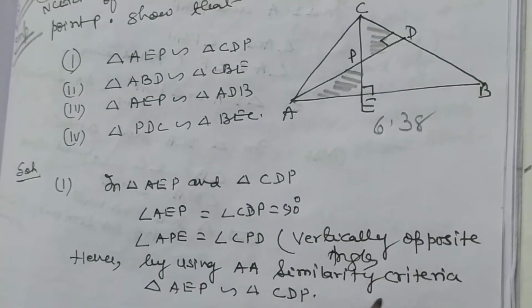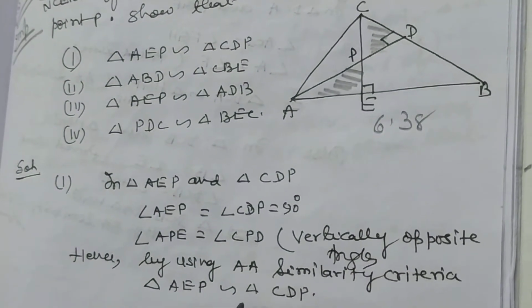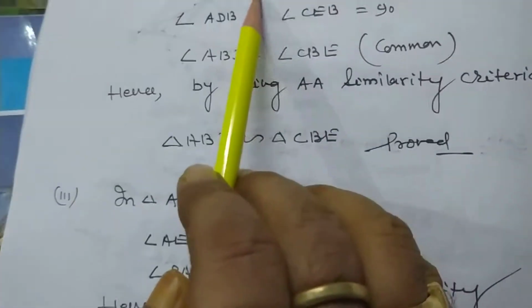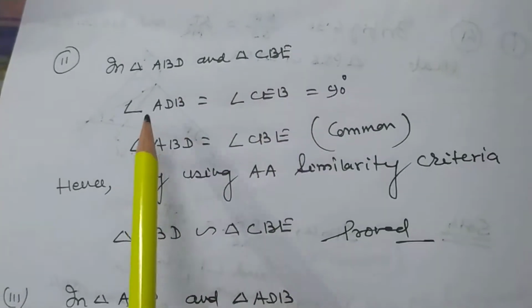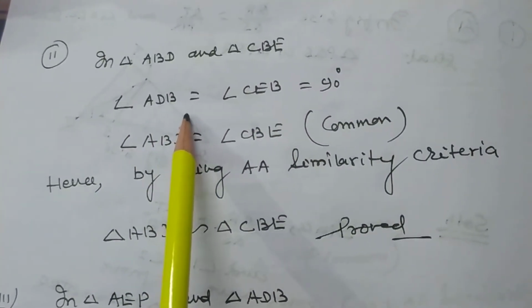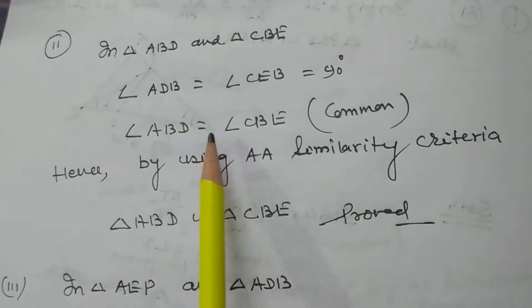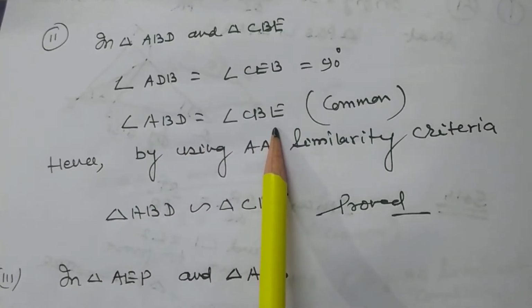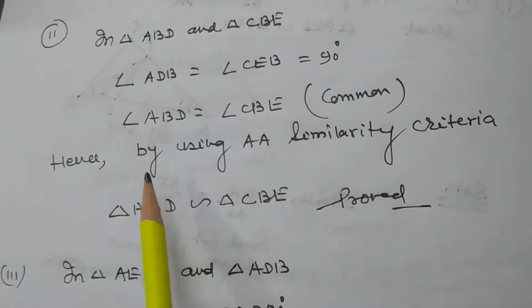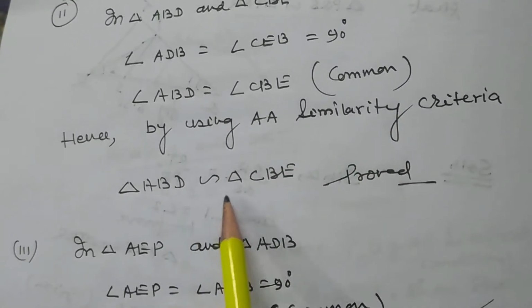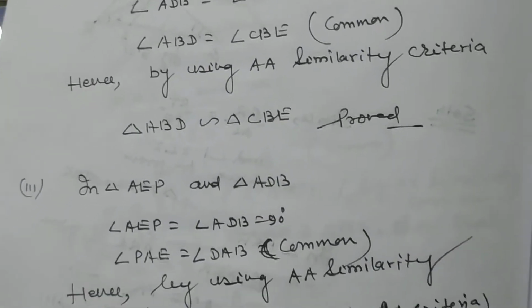Hence, by using the similarity condition, triangle AEP is similar to triangle CDP. In triangle ABD and triangle CBE, what do you observe? Angle ADB is equal to angle CEB, 90 degrees, and angle ABD is equal to angle CBE, common. Hence, by using the similarity criteria, triangle ABD is similar to triangle CBE.